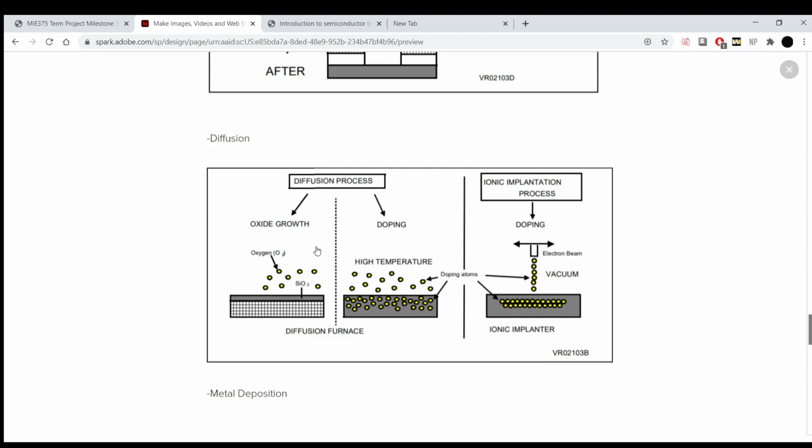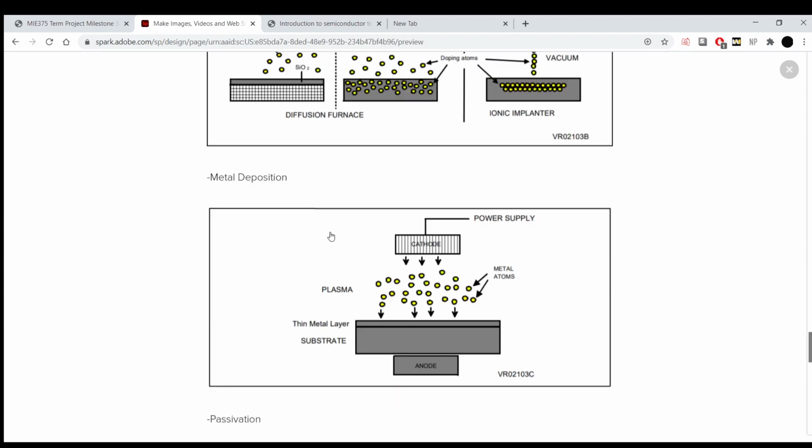We do this either via high electron beams, or we use other methods to place it deep into our semiconductor. This is done for the purpose of increasing the conductivity of our semiconductor and modulating its electrical, optical, and structural properties.